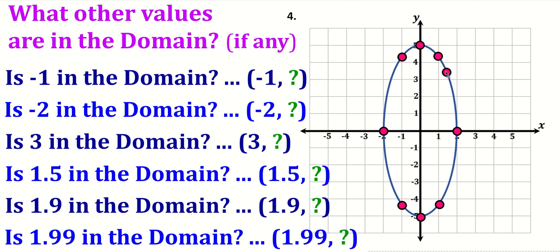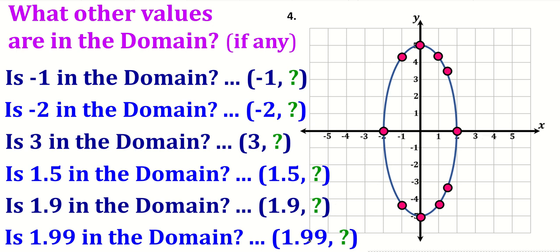Yeah, like right there and right here ish. Like this would be 1.5 comma, I don't know, about 3.5. And how about 1.9? Is 1.9 in the domain? Is there a point where it's going to be 1.9 comma something?